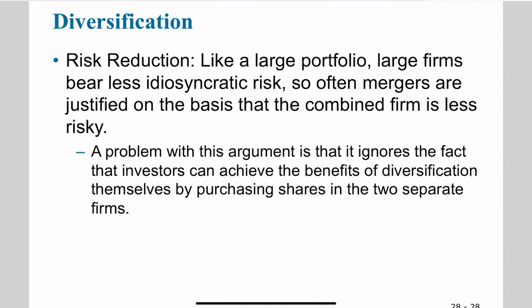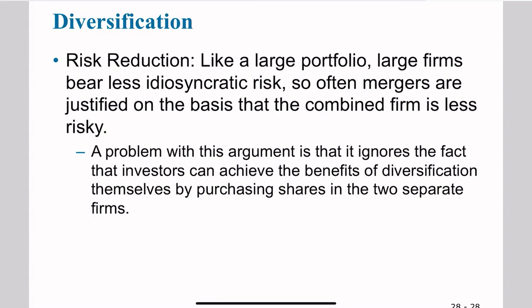So by combining them into a portfolio, the negative idiosyncratic risk will be used to offset the positive idiosyncratic risk. So basically, different firms' risks will offset each other. So you will get a smoother return from your portfolio.